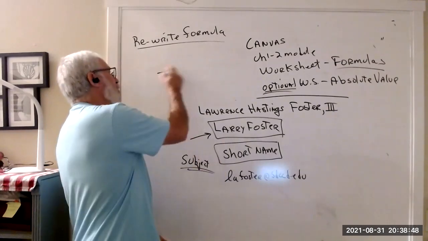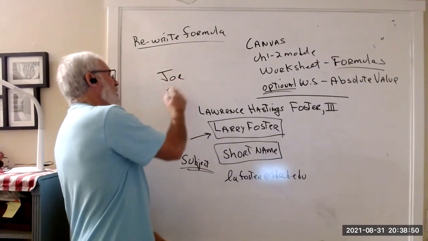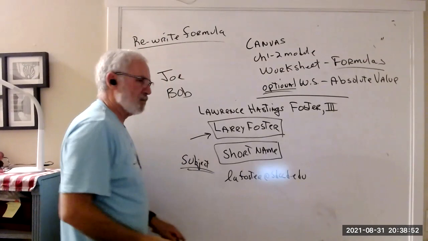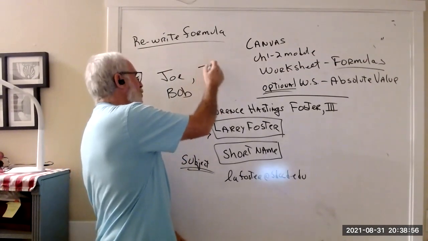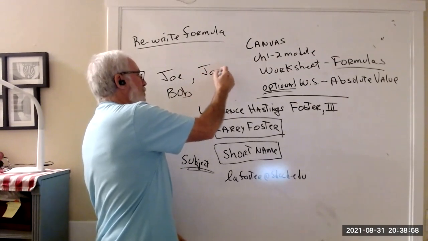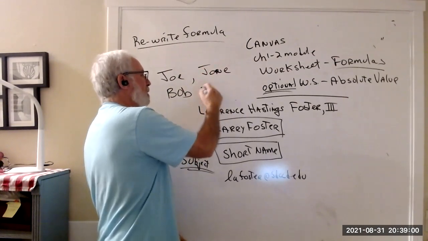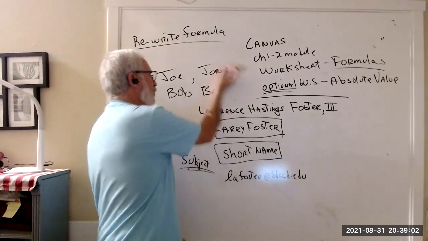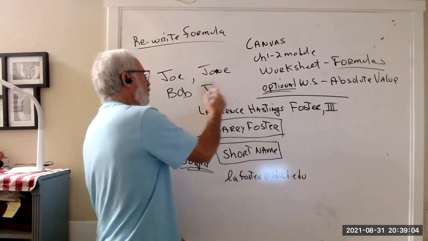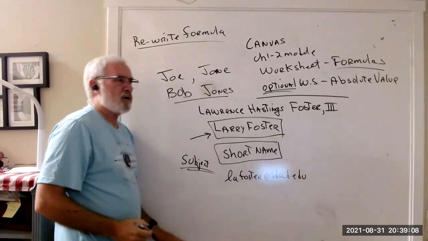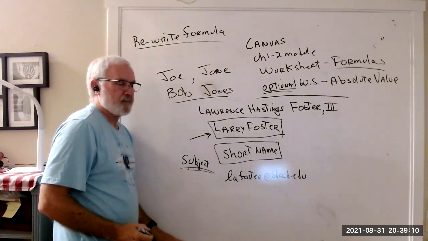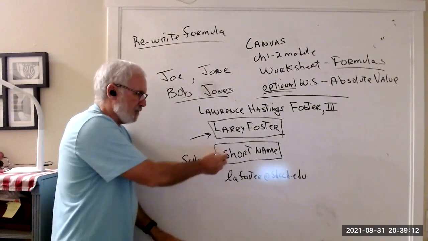Hey, look, if your name is Joe, but you want to be called Bob, cool. I need a last name, of course, Joe Jones. But you want to be called Bob Jones. Great. You can call yourself anything you want. I don't care. But that's your short name.